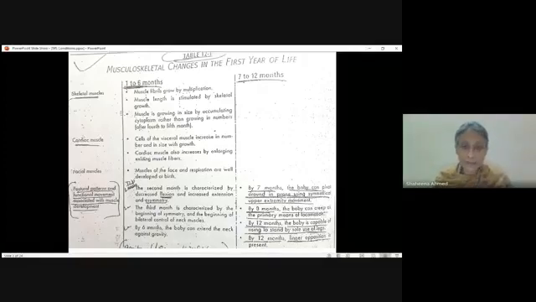Now the facial muscles. The muscles of the face and respiration gradually develop after birth. If you look at the child just after birth, you will see that a child might be very wrinkled, and some children, we call them fetal faces.